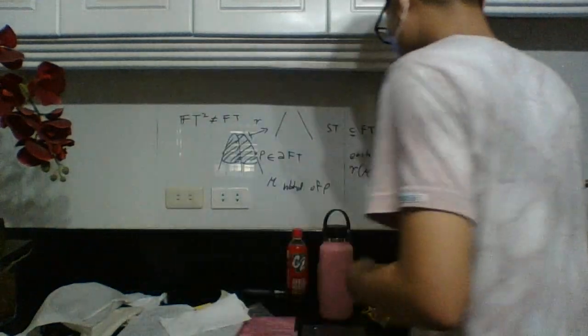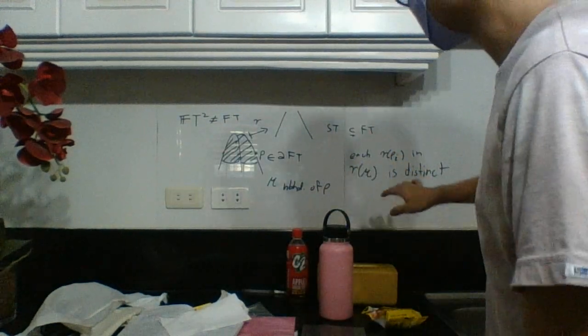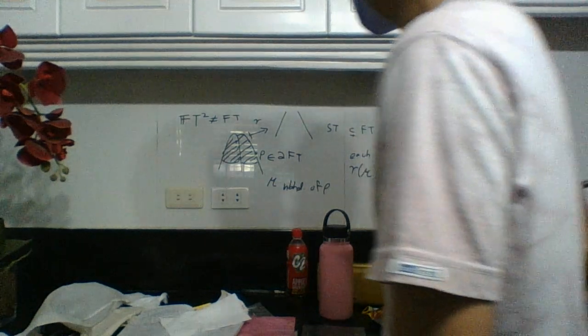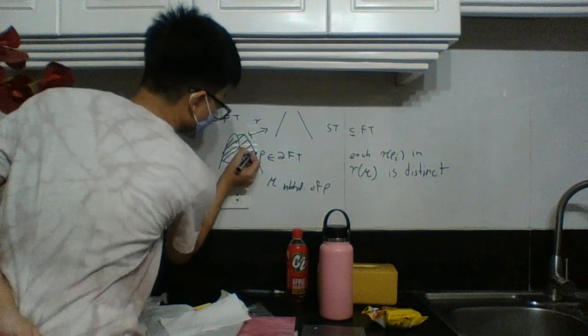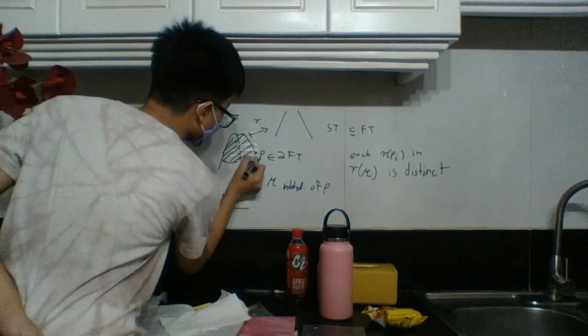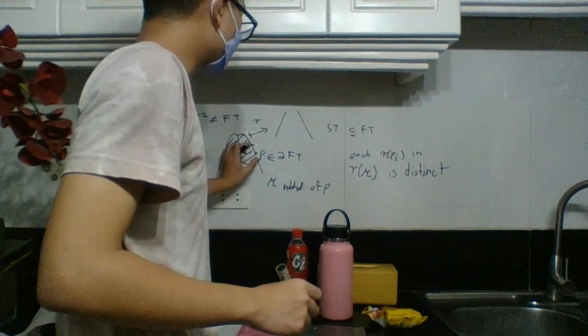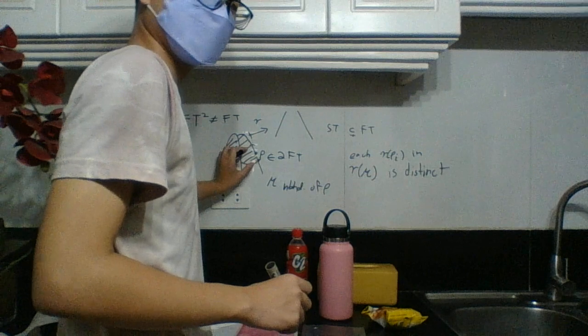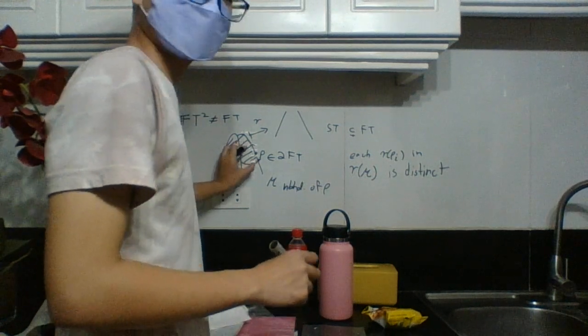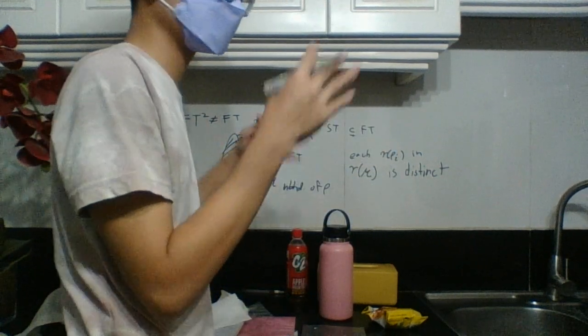In our mu, it is distinct. So we can restrict the homotopy to have this condition that if I take an interval around P and apply R on that interval, each of these points are mapped onto separate points and not just one point.